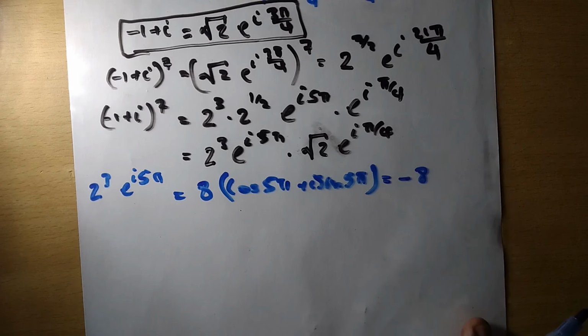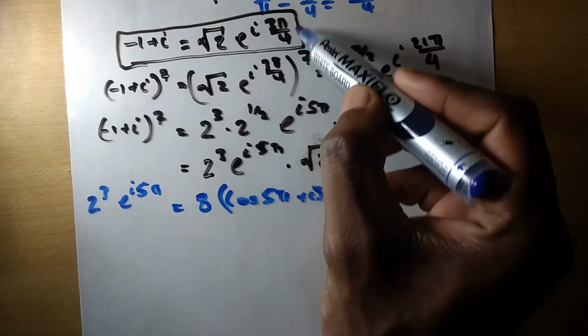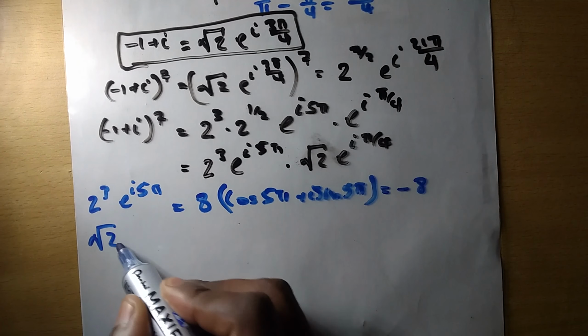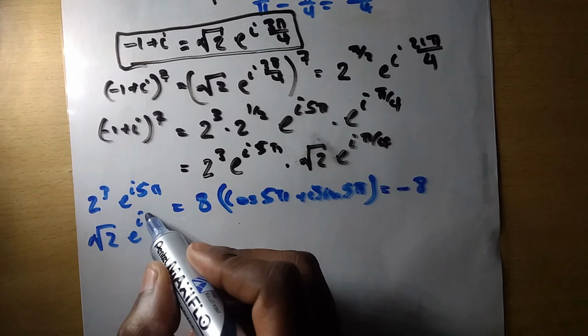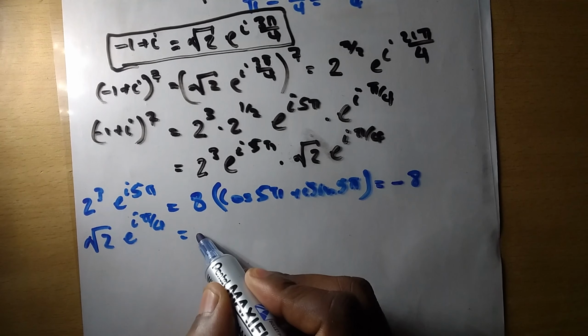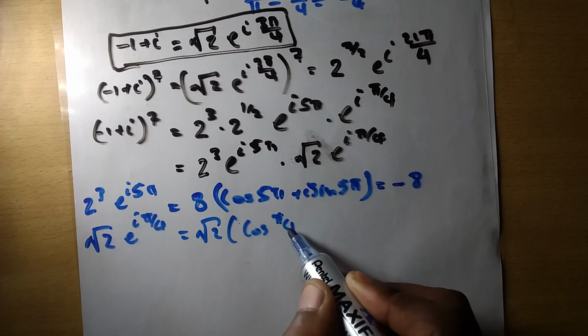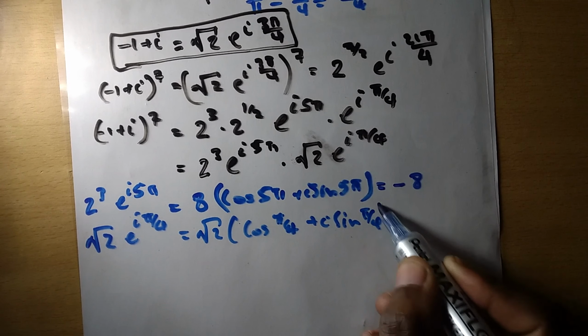But now you see that we cannot have negative 1 minus I because it has the angle 3 pi over 4. So we are forced now to look at the square root of 2 e to the I pi over 4. So it's going to be the root of 2 times cos of pi over 4 plus I sine of pi over 4.